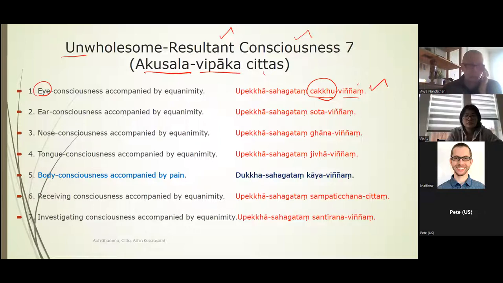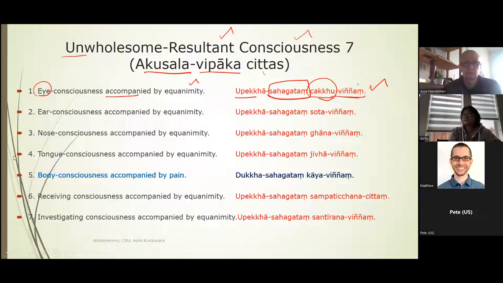So vinnana means knowing or consciousness. Eye consciousness, cakkhu vinnana. Sahagata means accompanied by. Upekkha means equanimity. So eye consciousness accompanied by equanimity.